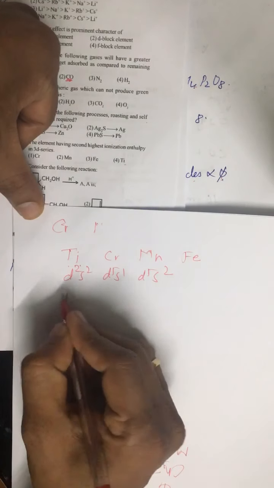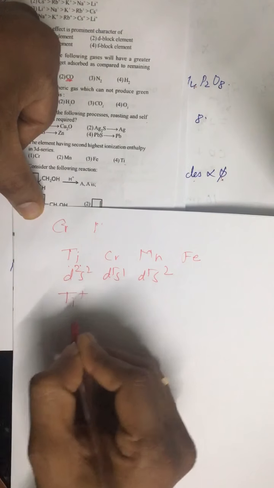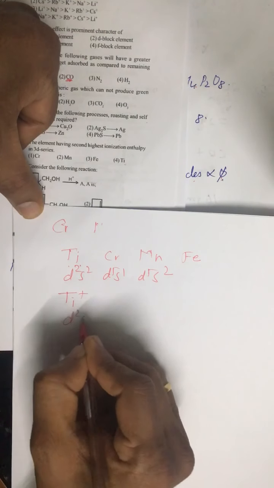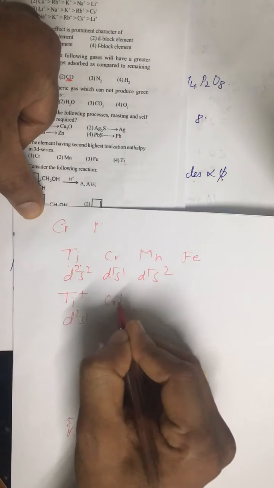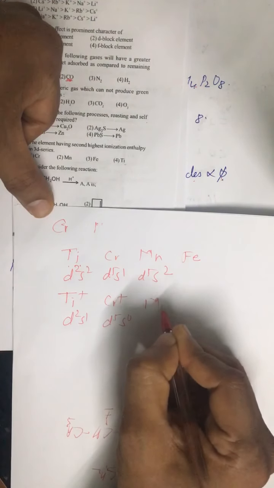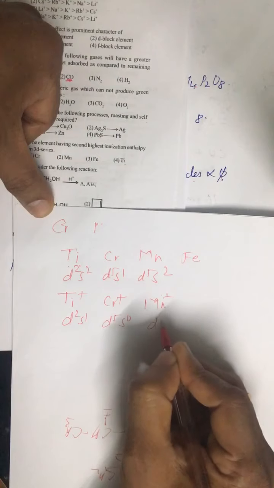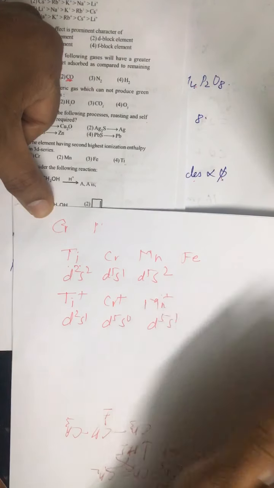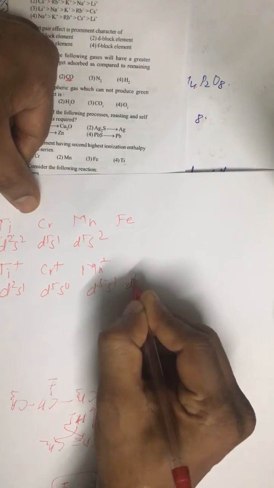When we say second ionization energy, titanium positive becomes d2 s1, chromium single positive becomes d5 s0, Mn positive becomes d5 s1, and iron positive becomes d6 s1.